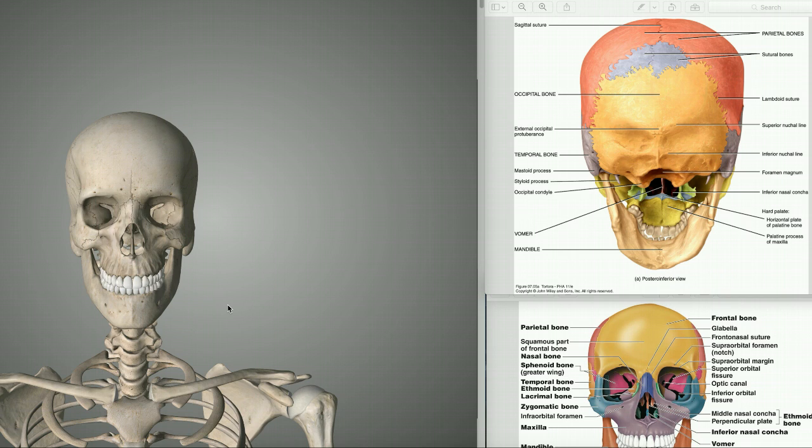So the next video in this anatomy series is going to be the vertebral column, and from there the upper limb, then the lower limb, and the pelvis is going to have its own video because it's a really complex process and it differs between males and females. But apart from that, the skull is simply this.